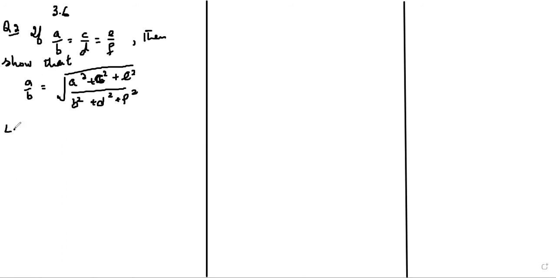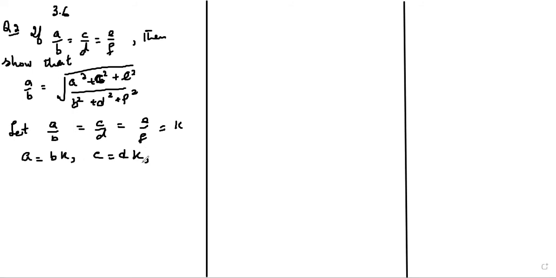Okay, left hand side. Let A over B equals C over D equals E over F equals K. So then A equals BK, C equals DK, and E equals FK.